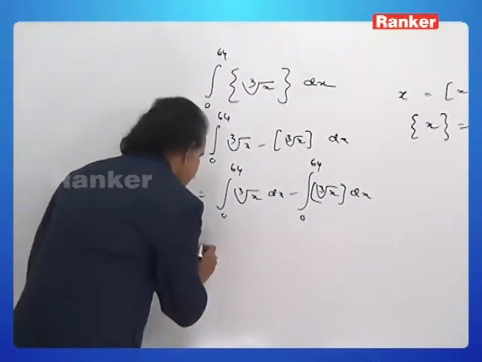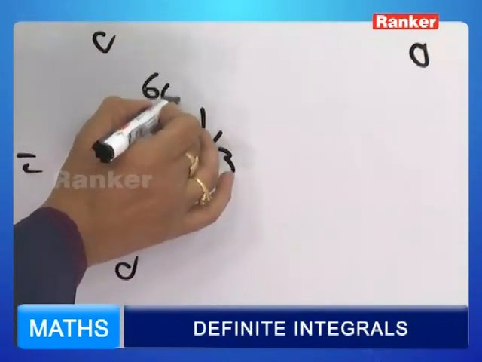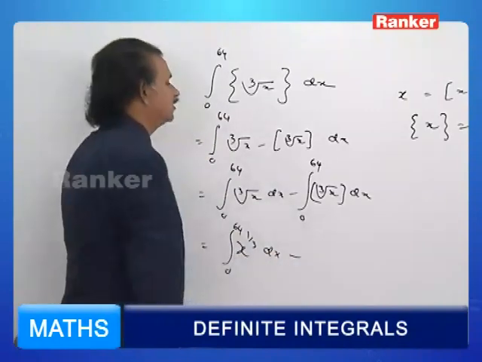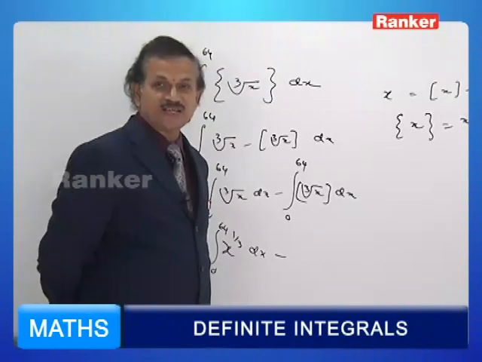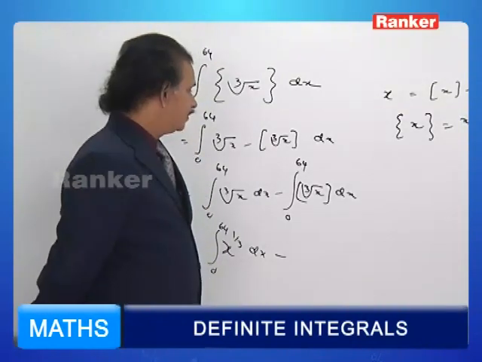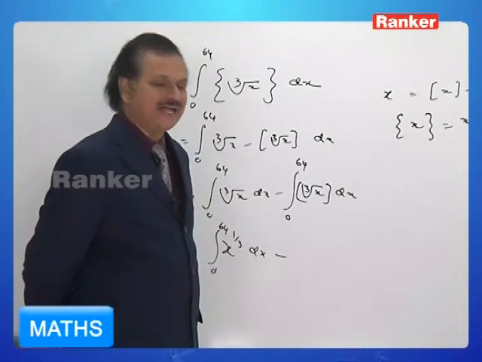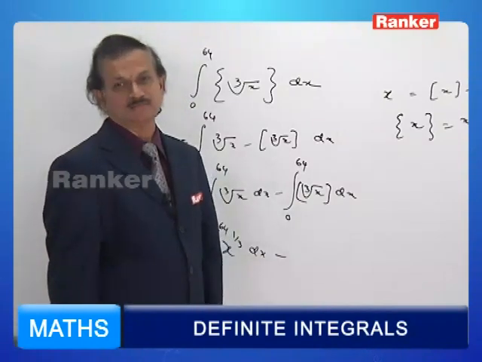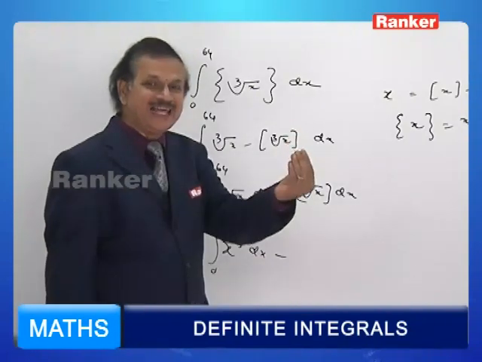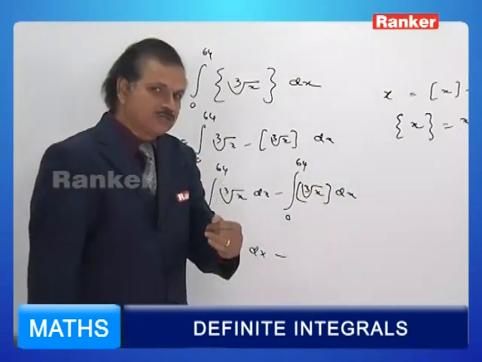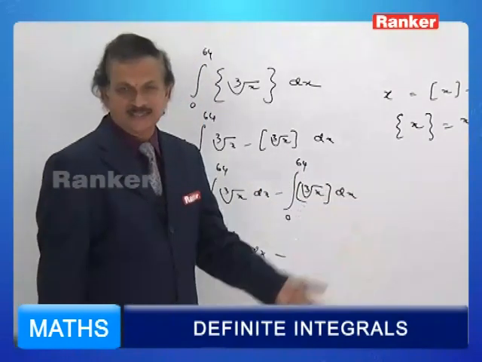Well done. This is x to the power of 1 by 3, integral 0 to 64 of this, minus integral part of cube root of x. It changes at various places. From 0 to 1 it is 0. Between 1 and 8 it is 1. From 8 to 27 it is 2. From 27 to 64 it is 3. Like that you can split.